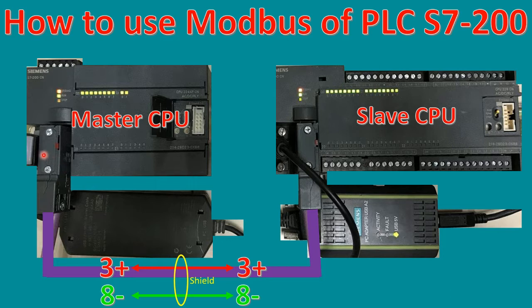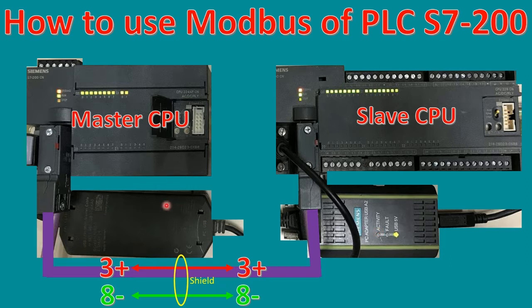And I will use the PPI cable to connect with the master CPU, and the MPI cable, PC adapter USB A2, to connect with the slave CPU. Okay.